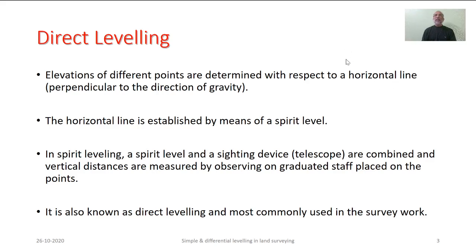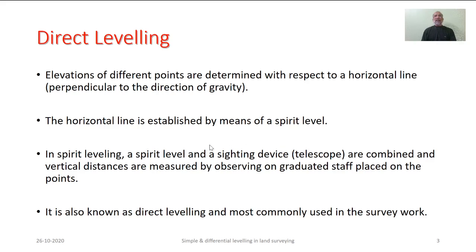Any plane which is perpendicular to it, in the vertical direction, is a vertical plane. In order to define this horizontal line, we make use of the longitudinal level tube, as we discussed while covering the constructional aspects of the dumpy level.